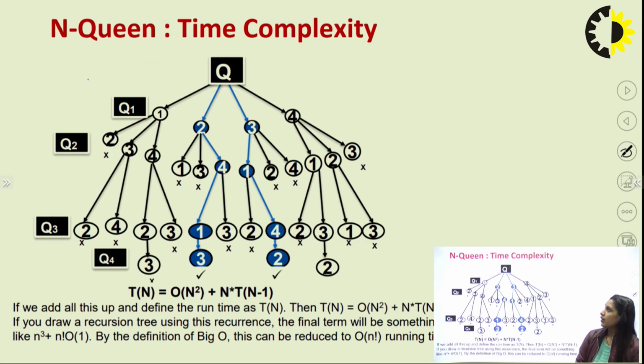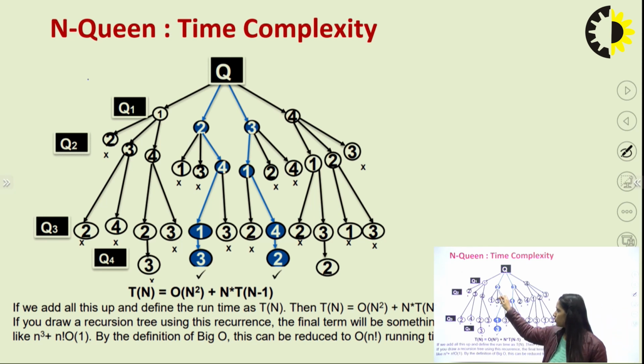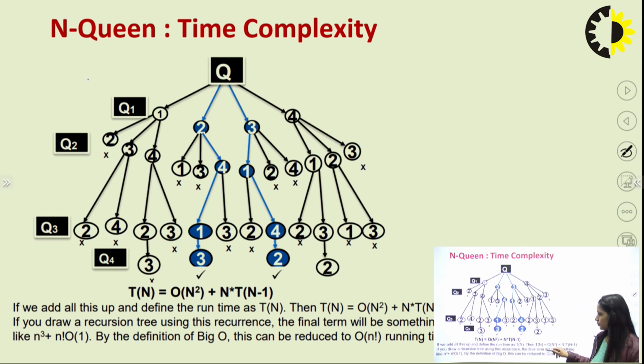If I talk about the N queen time complexity, this is the state space diagram where you got the 2 solutions, 2 4 1 3 and 3 1 4 2, right? The complexity is order of n square plus n into T of n minus 1. This is the runtime complexity of the N queen problem.